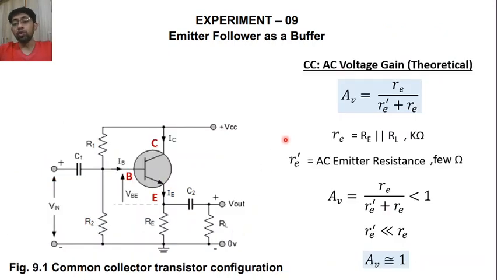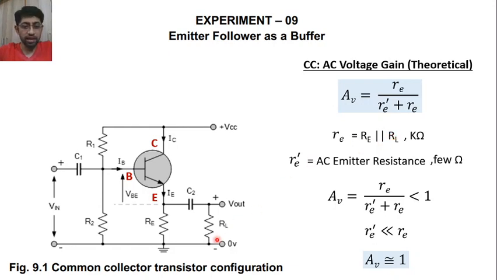Now if you go through the theory of this common collector configuration, then the theoretical AC voltage gain is AV equals re upon re dash plus re, where this re is nothing but RE parallel RL.